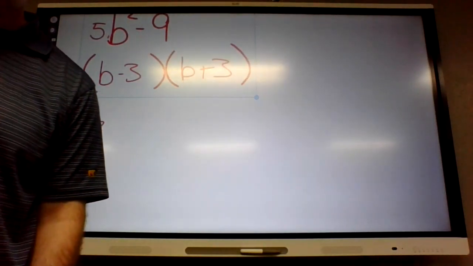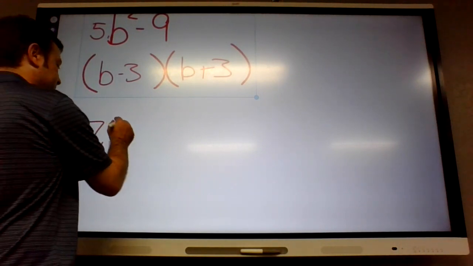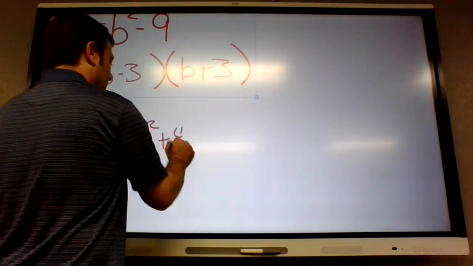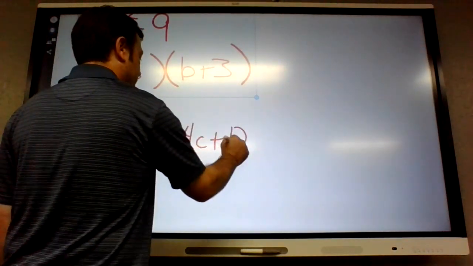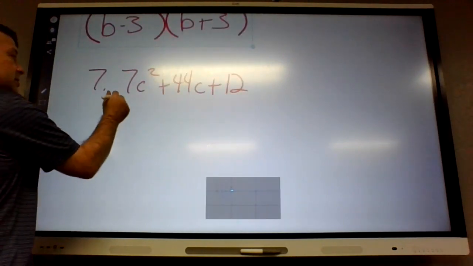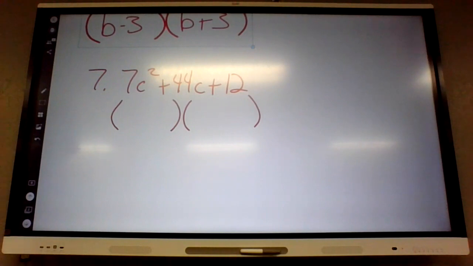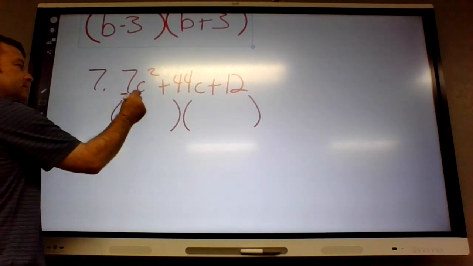Number 7. Isa. So this is 3-term factoring. So it usually looks like this. What are we going to put in the front, Isa? 7.